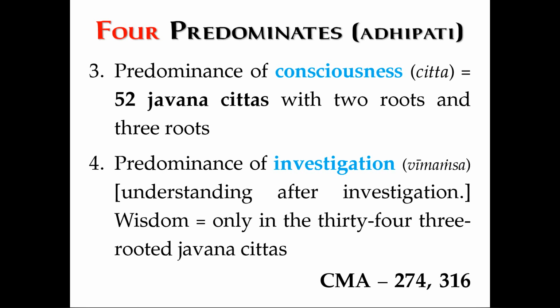And we have 4 great wholesome chetas accompanied by knowledge, and 4 great functional chetas accompanied by knowledge. That makes 8, right? And we have 16 mahaggata javana chetas and 8 lokuttara javana chetas. So altogether 34. Among the 52 javana chetas, we have to take only the 34 chetas which are three-rooted. Understand?